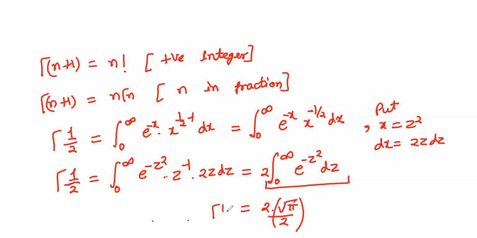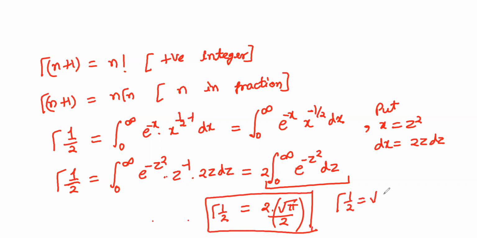So gamma 1 by 2 is equal to under root pi. This you must remember. This is important.